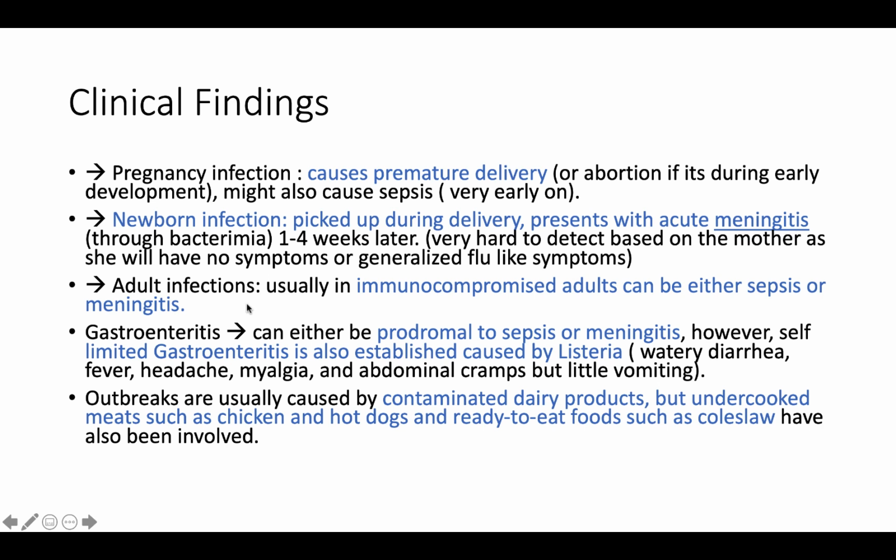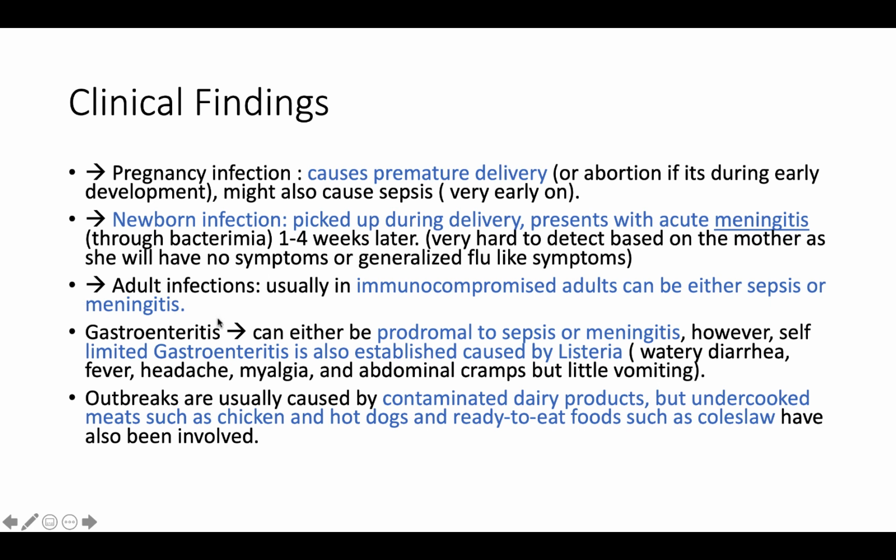Adult infections: immune-compromised adults can have either sepsis or meningitis, as they cannot help themselves against this bacteria with their immune system. So any invasion will show pronounced sepsis or meningitis. The majority of people will have gastroenteritis, which can also be a prodrome of sepsis and meningitis.